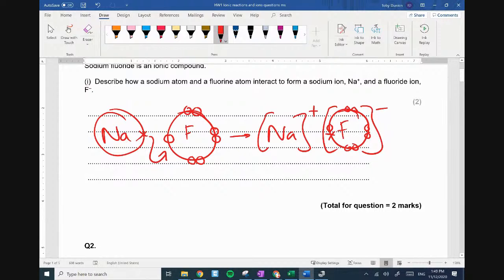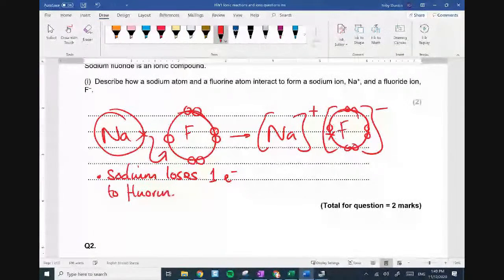But the marks in a written form would be saying that sodium loses 1 electron, and you have to say the number 1, loses 1 electron to fluorine. I'd quite like to put atom in there.